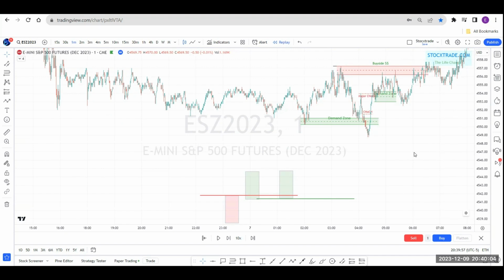The third one was change of character plus breakout. Yes, liquidity, I think we learned in this one. There are four key areas where you can find the liquidity.